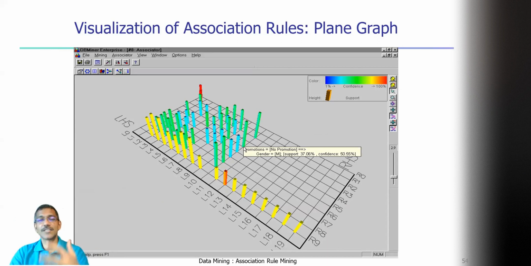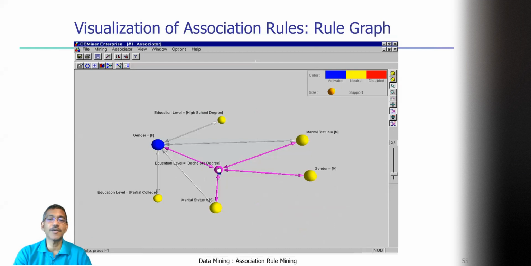Maybe from the visualization point of view, if that was obvious, that would have been great. But it is there, because they have named LHS and right hand side. So always the rule goes from left hand to right hand side. It's there, but it's not very indicative, in my opinion.